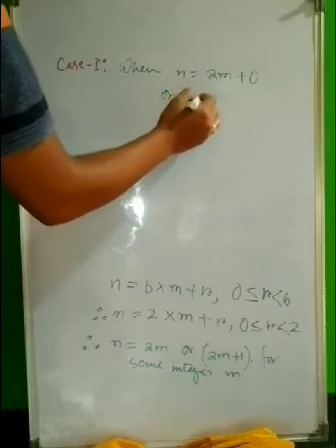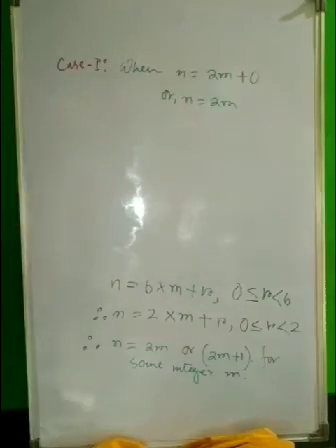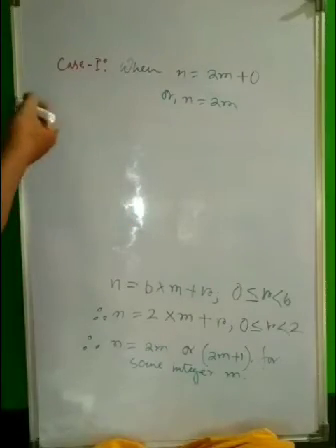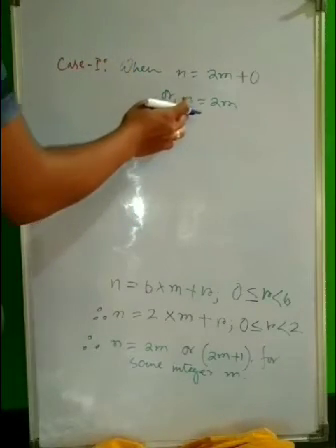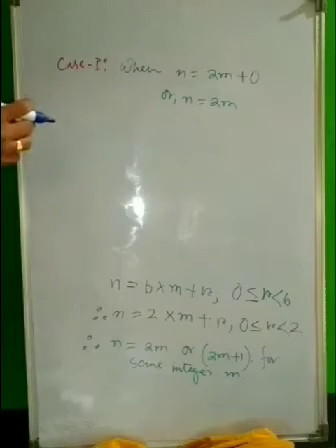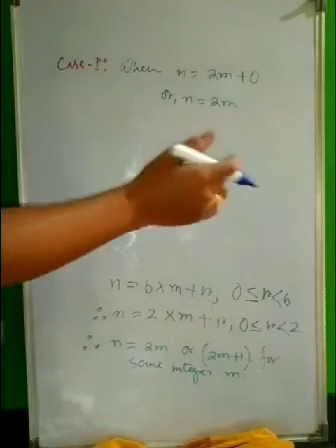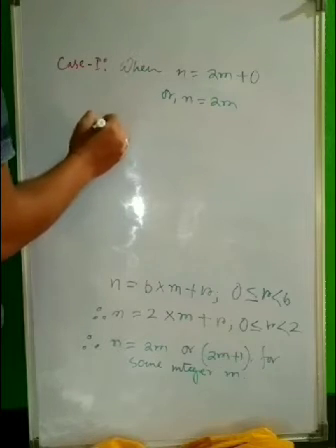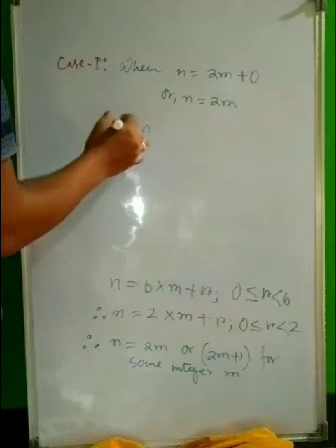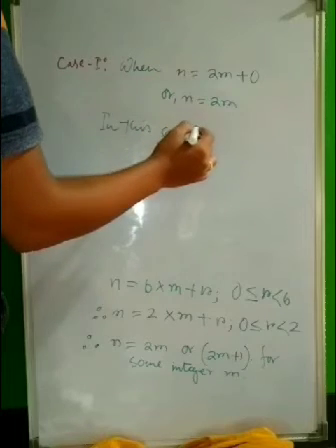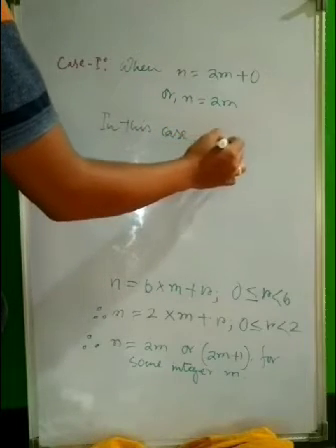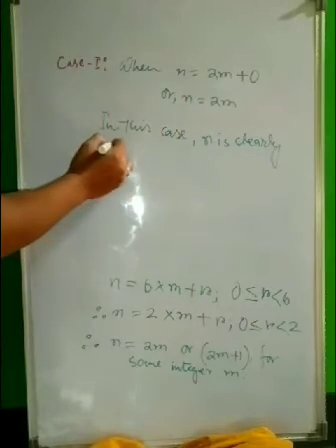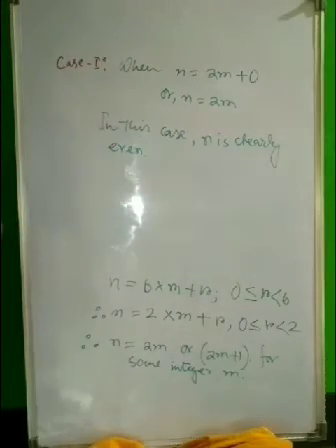Or we can write n equals 2m directly, because for 0 there is no need to write it. So on this n equals 2m, clearly we can understand that it is an even number. So in this case n is clearly even.